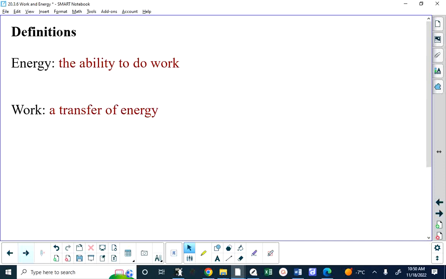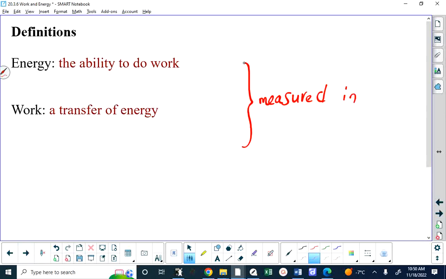But let me tell you right out of the gate that energy and work are both measured in joules. There are other units of energy and work. We could use calories.